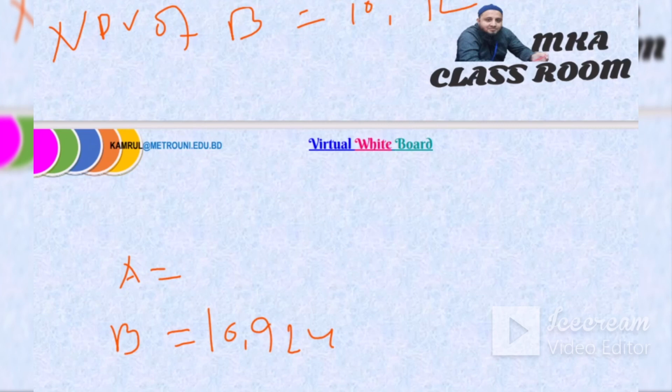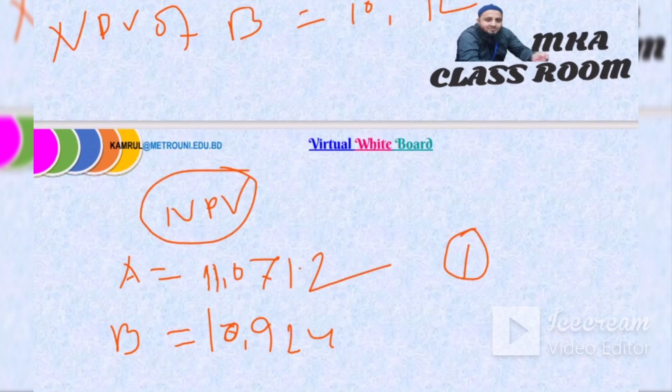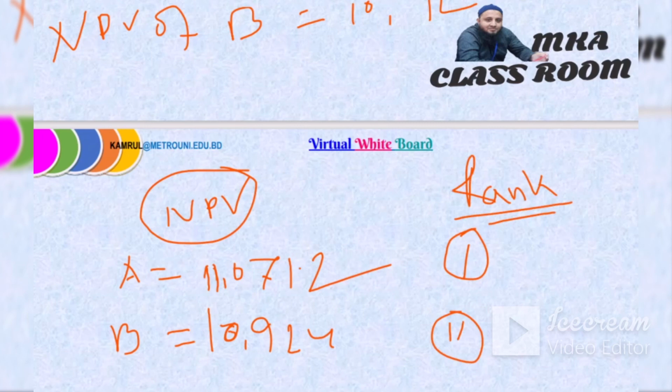If we use the ranking approach for capital budgeting, then project A has rank 1 and project B has rank 2.